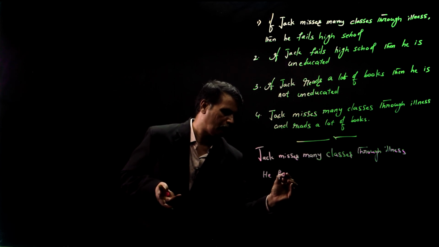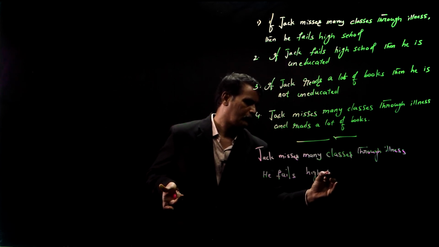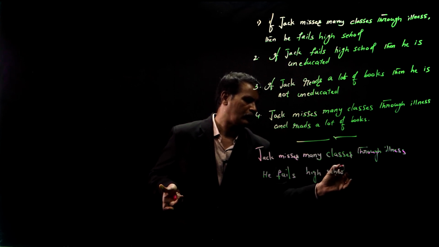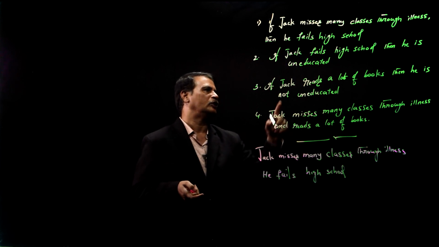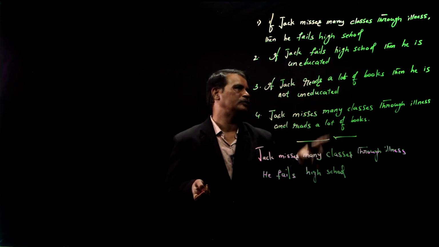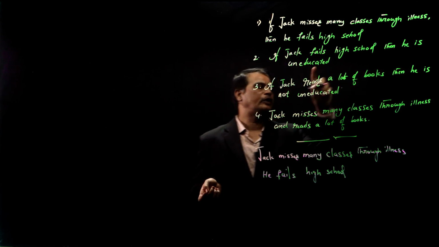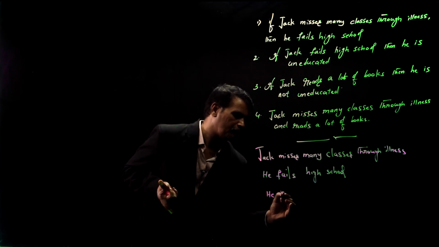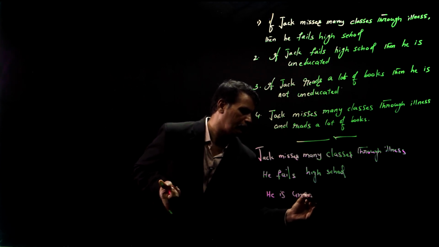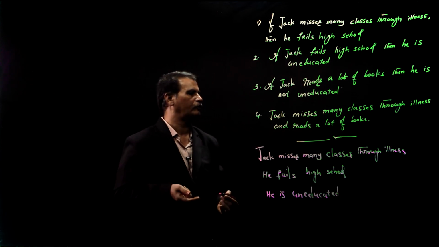He fails high school is one more different statement. Next, Jack fails high school. It already came, so it is the same sentence, no need to write it again. He is uneducated. This is a different sentence. He is uneducated, the third different sentence.